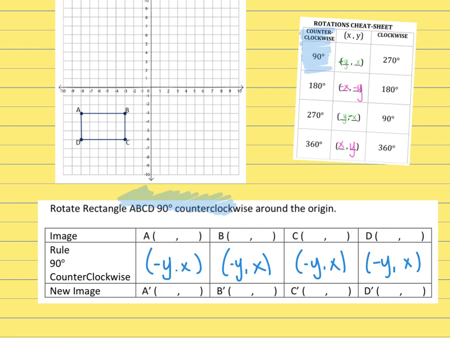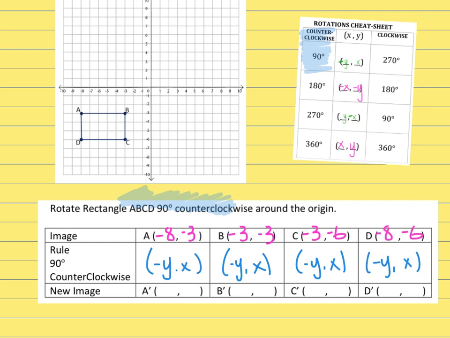Now, the original shape, A is at point -8, -3. Point B is -3, -3. Point C is -3, -6. And point D is -8, -6.